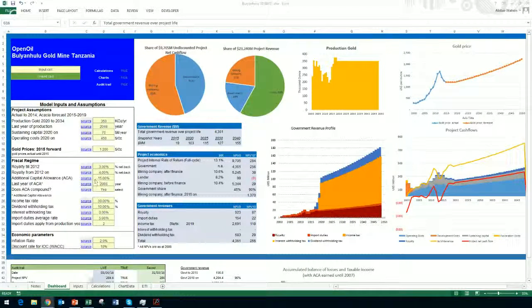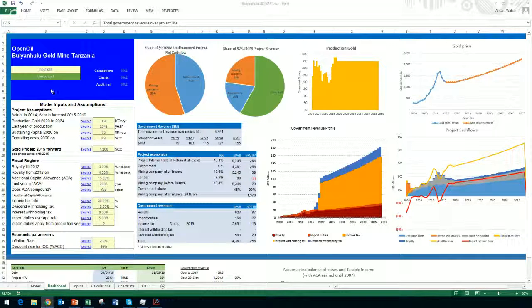So the model comprises one workbook with four substantive sheets. The principal sheet where you use and drive the model from and see results is the dashboard. That's what you see before you at the moment.